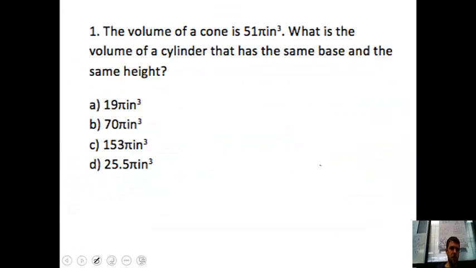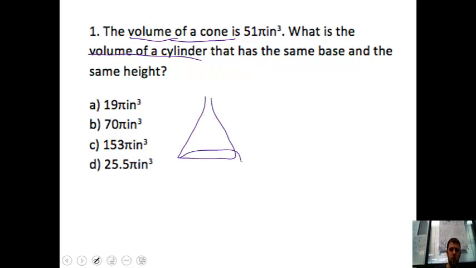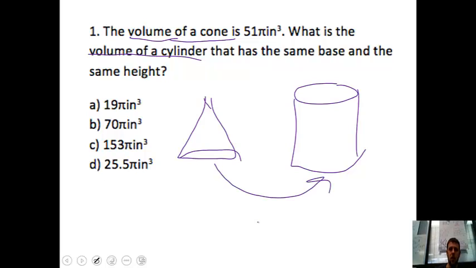Let's go ahead and start with the first one, the volume of a cone. The volume of a cone is 51 pi inches cubed. And what is the volume of a cylinder that has the same base and the same height? So if we look at a cone and a cylinder, we know the relationship to get to a cone is times 3, and to go back is divided by 3, but a fancier way to say that is times 1/3.